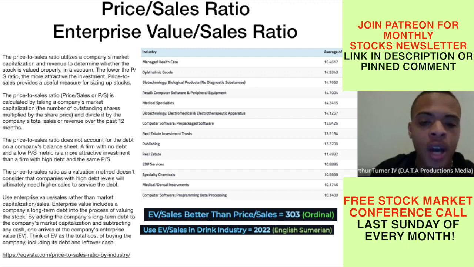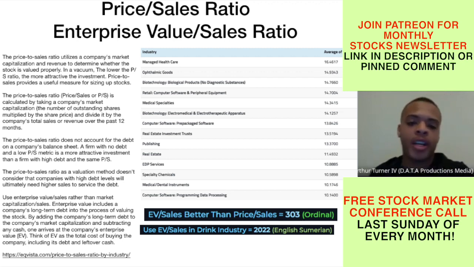Use enterprise value to sales ratio rather than market capitalization to sales. The enterprise value includes a company's long-term debt in the process of valuing the stock. By adding the company's long-term debt to its market capitalization and subtracting any cash, one arrives at the company's enterprise value. Think of enterprise value as the total cost of buying the company, including its debt and leftover cash.